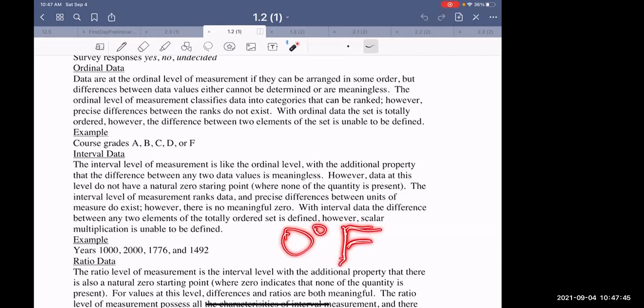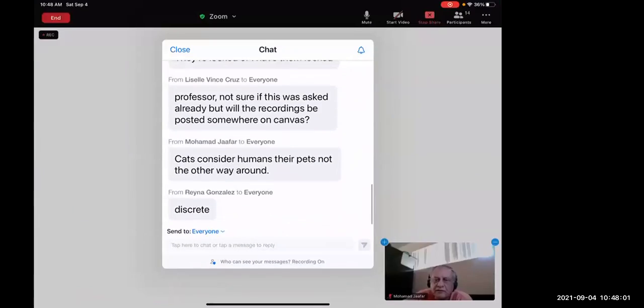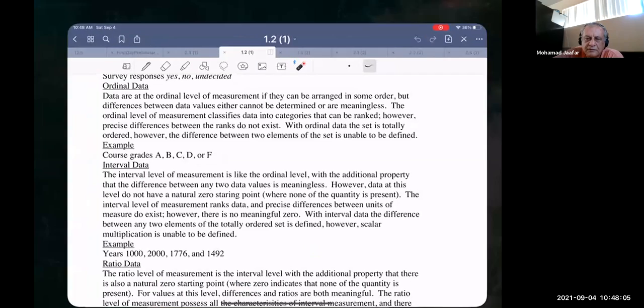Does 0 degrees Fahrenheit mean that you have no temperature? And the answer is no. What is 0 degrees Fahrenheit? Does anyone know?